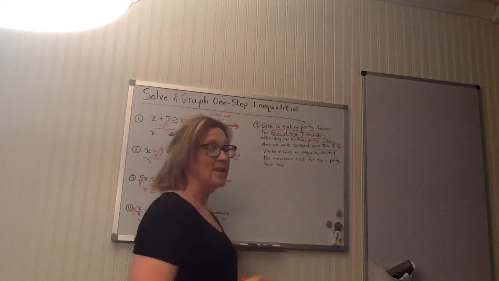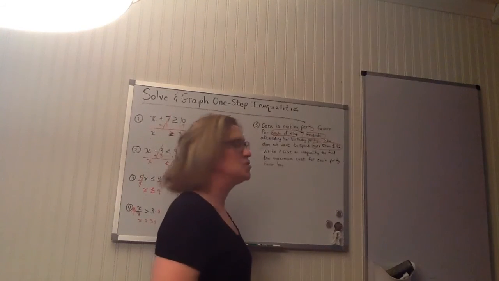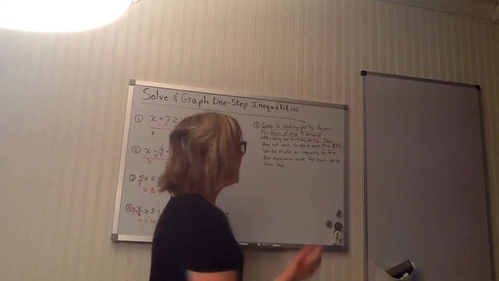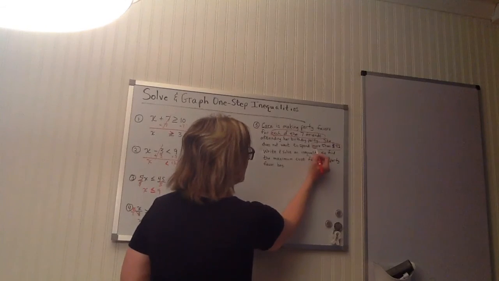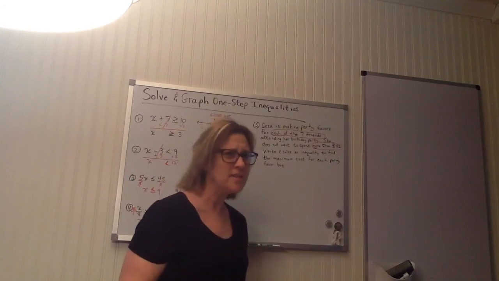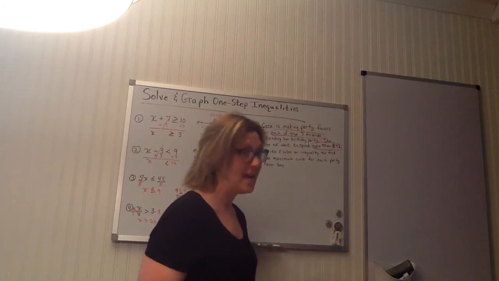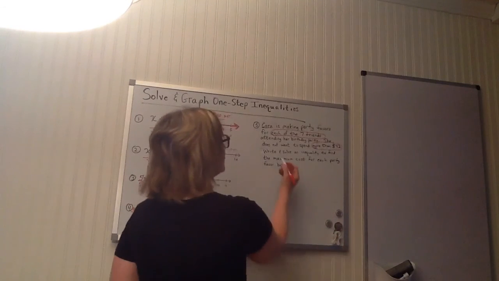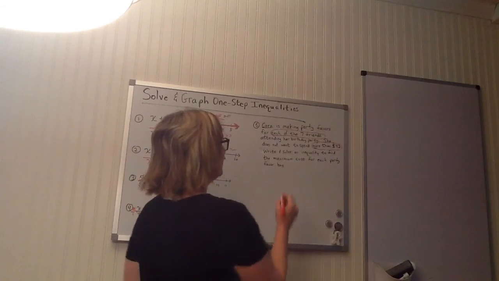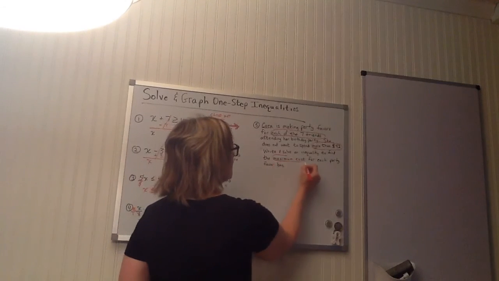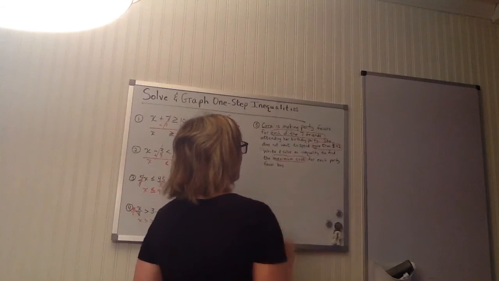Can she spend $43? No. Can she spend $42? Yeah, or she doesn't want to spend any more than 42, so 42 is okay. 41 is okay. $41.99 is okay, and so on. So we're going to write and solve an inequality to find the maximum cost for each party favor.